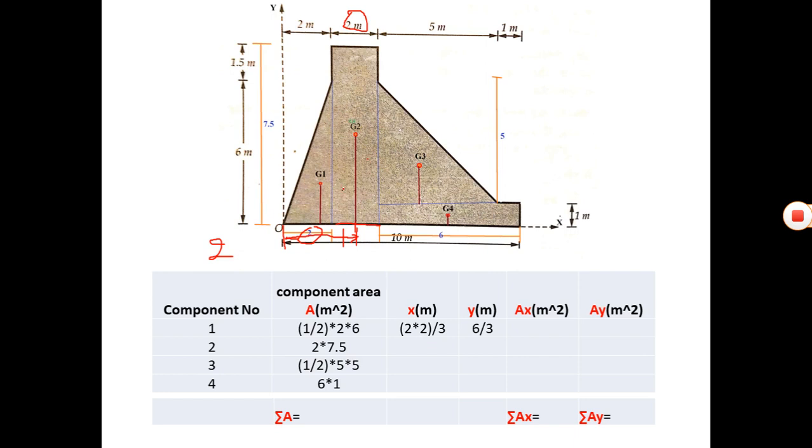And for the y component, for this distance, the whole distance is 7.5. So the centroidal distance becomes 7.5 divided by 2.